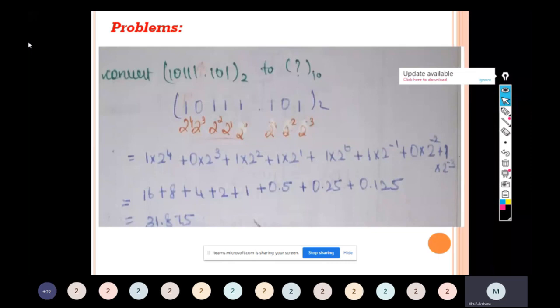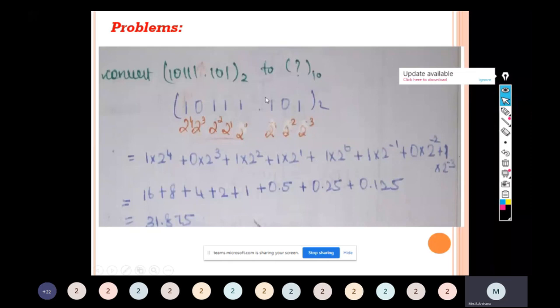So the given problem is 1011.101 to the base 2. Let me find the weightage of each individual digit.